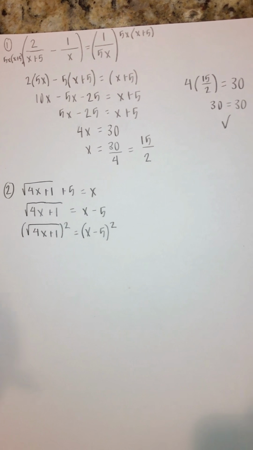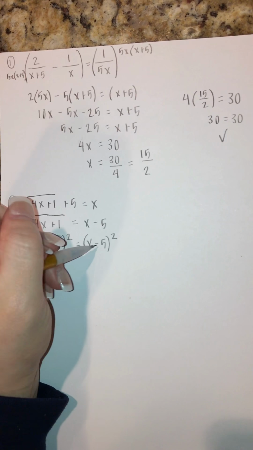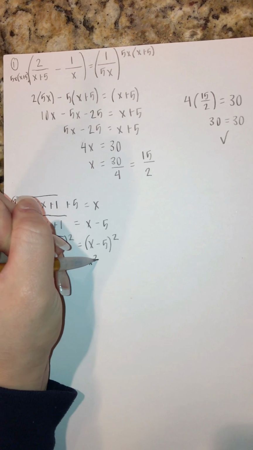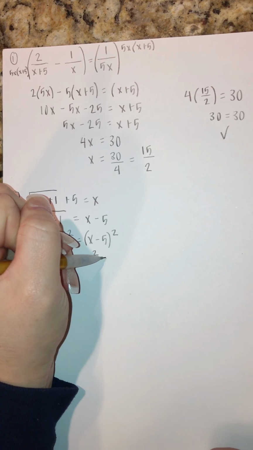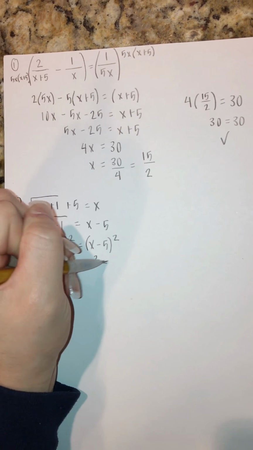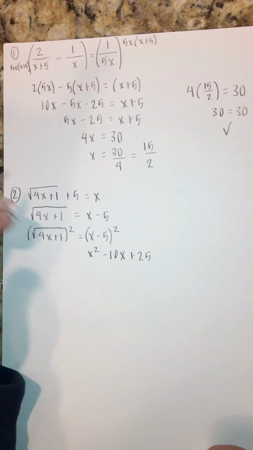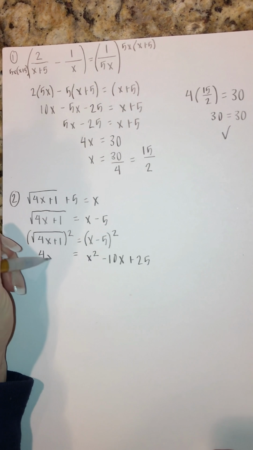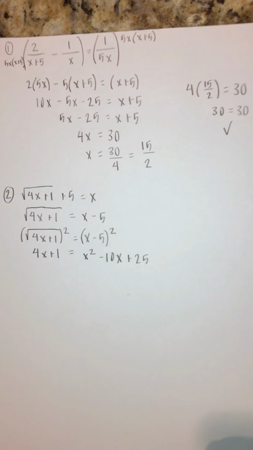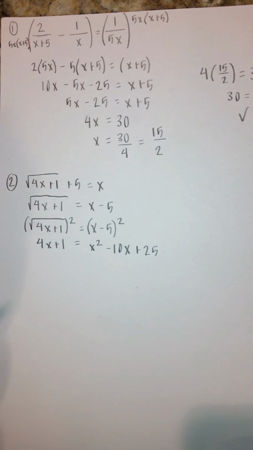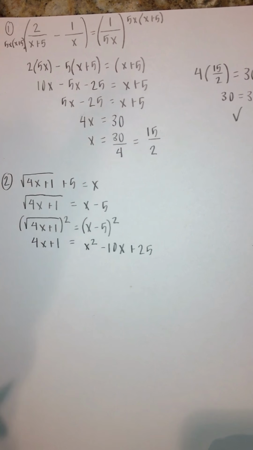And if you would FOIL this out, it would be x squared minus 10x plus 25 equaling the 4x plus 1, because you get rid of that radical.